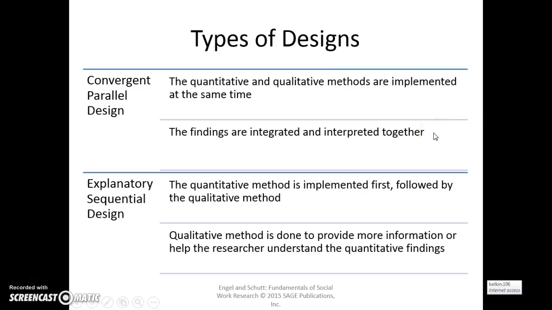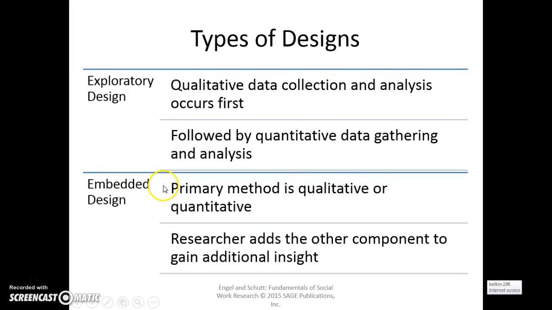So you may have a focus group and a survey at the same time, and then you look at that data together, versus, for example, where you do a survey, and then maybe you do a focus group or an interview to help you flesh out that quantitative. So you see that not only are the elements and the implementation happening in different orders depending on what your priority is, but the actual interpretation, the analysis, also varies here.